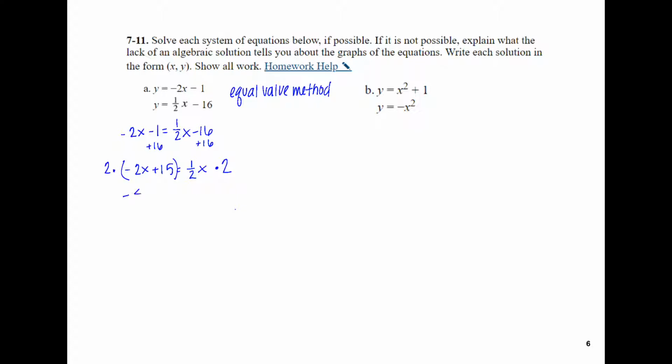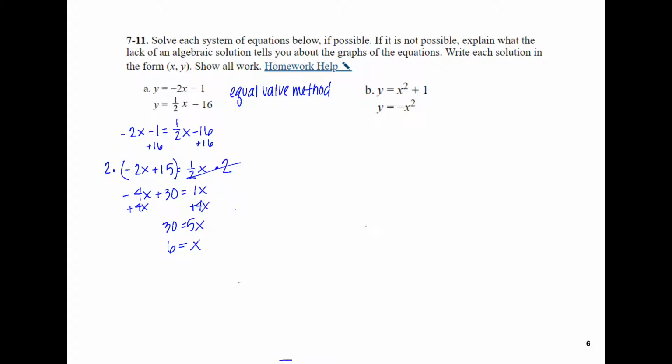So I have negative 4x plus 30 is equal to 1x, because these equal one whole and cancel one another out. And then I'm going to use my inverse operations to combine my like terms. So I get 30 is equal to 5x. Divide by 5 and I get x is equal to 6.